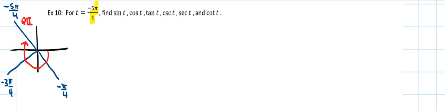So that gives us a heads up on when we have to go back and name the signs of everything. So just a little note. In quadrant 2, our trig functions that are positive would be sine and its cofunction cosecant.